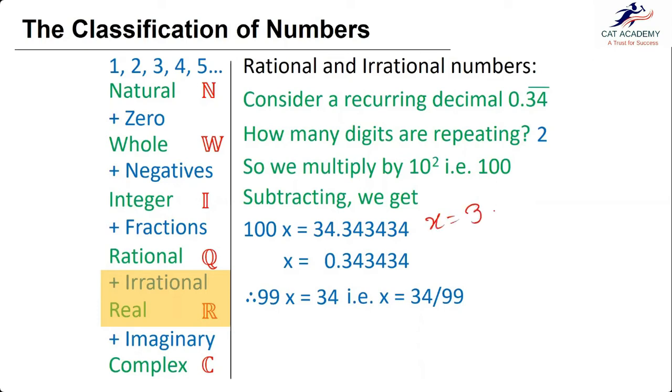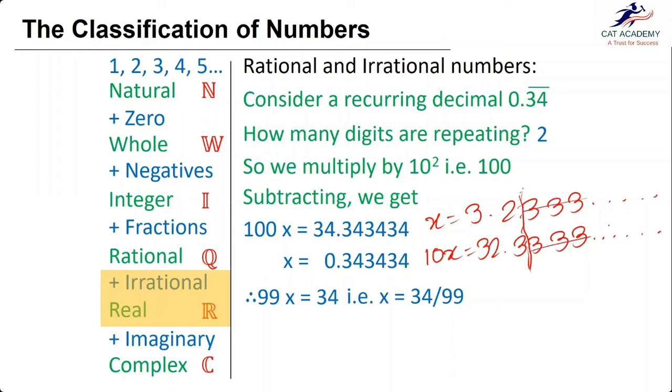So if I say x equal to 3.23333, then I multiply by 10 and make it 10x equal to 32.3333. So after this, all the threes will get cancelled when I take a difference. So I get 9x is equal to 32 minus 3, that's 29, and 0.3 minus 0.2, so 29.1.